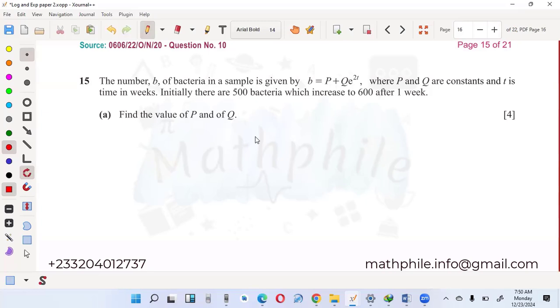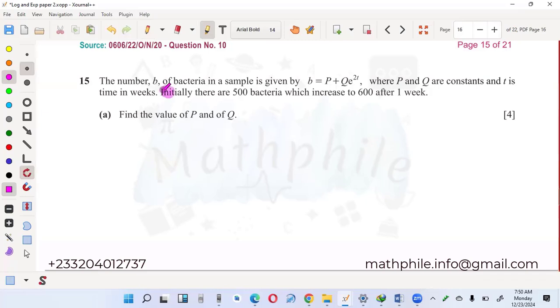Okay. Anytime you come across two variables to be found, you should be thinking about simultaneous equations. Now they give you a lot of conditions. First, you're told that initially there are 500 bacteria. So how can you rewrite this one? I just told you that initial represents t equal to what?